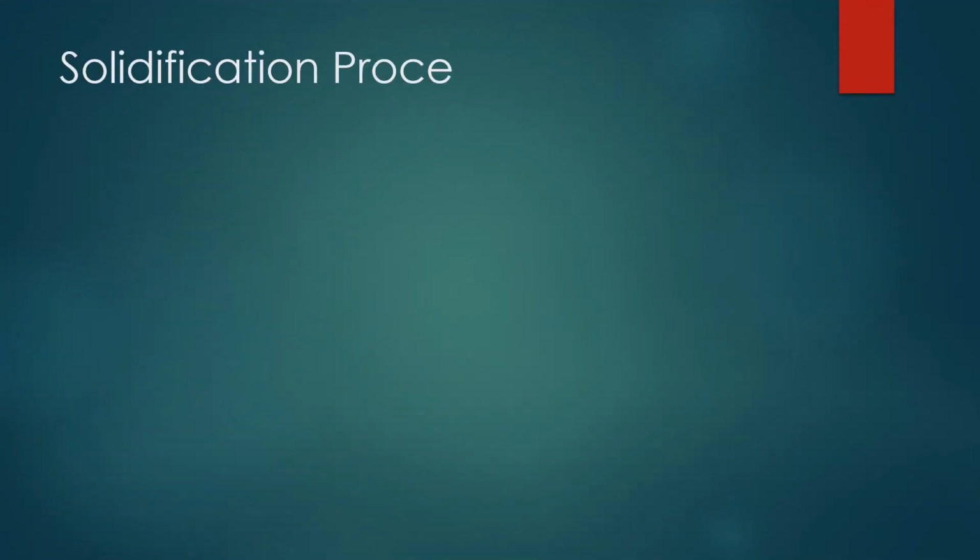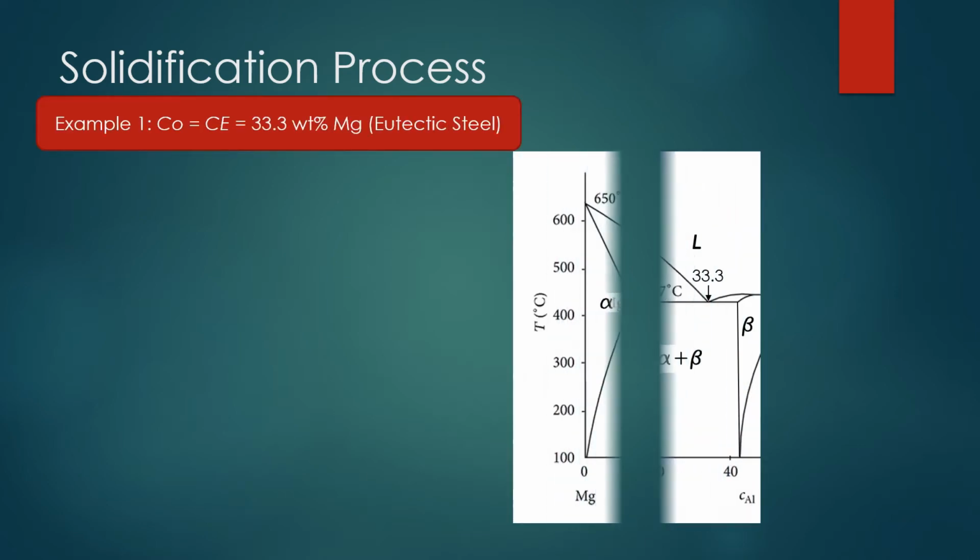Next is the solidification process of MgAl alloy. The first example is about eutectic steel.